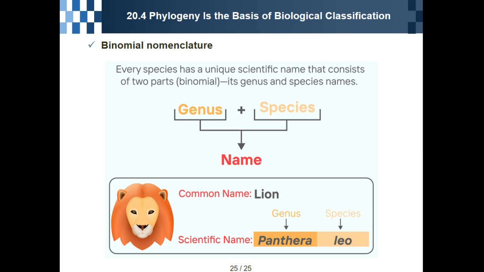For example, human, we call it Homo sapiens. Homo sapiens. Okay, this is the genus, and this is the species. It's like this.